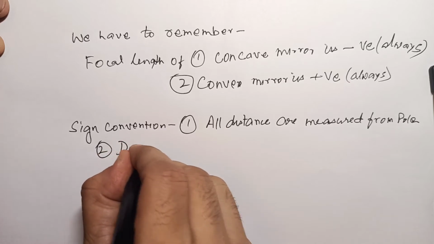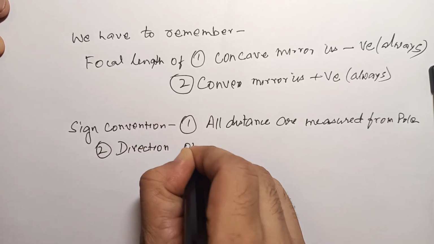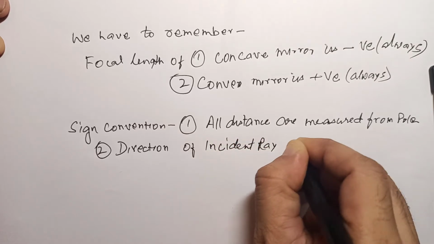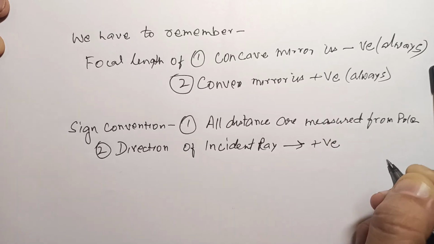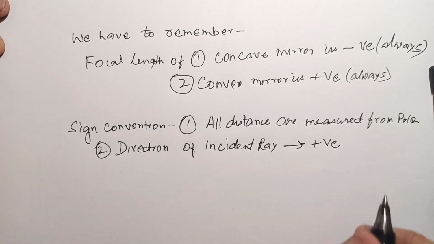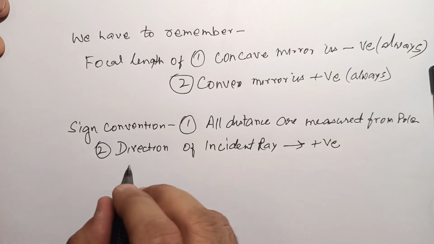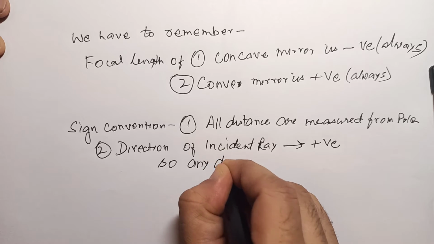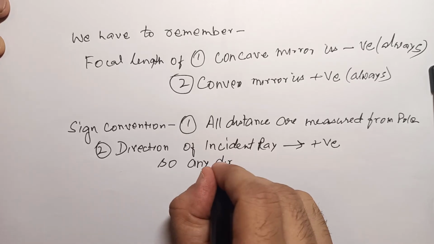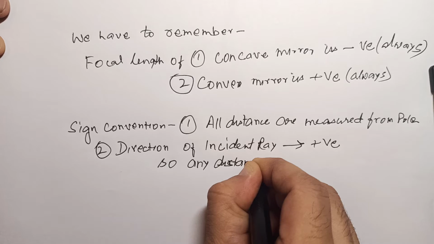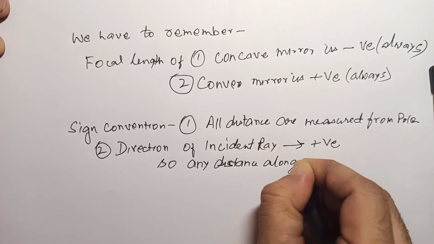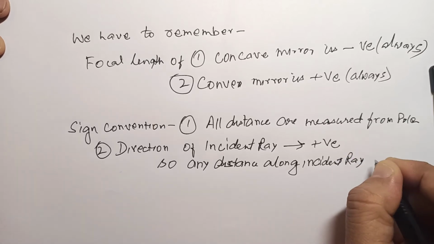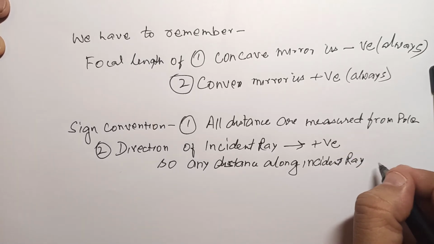So direction of incident ray positive. Okay, and any distance measured along incident ray is positive.